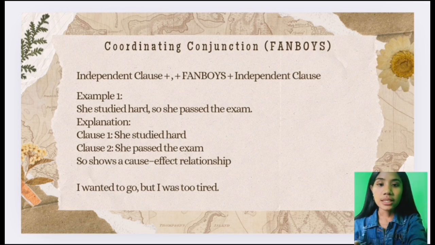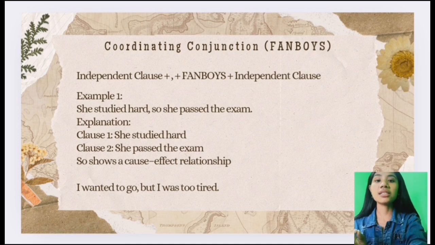The pattern is independent clause plus FANBOYS plus independent clause. For example, she studied hard so she passed the exam. Clause 1, she studied hard. Clause 2, she passed the exam. The word so shows a cause-effect relationship.